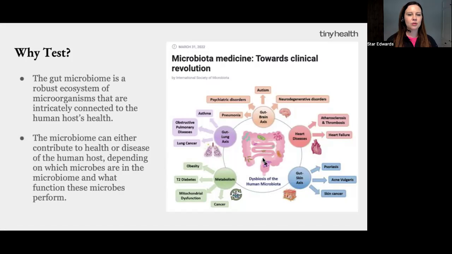It's a big player in mood regulation, such as anxiety and depression. It can contribute to skin issues like psoriasis and eczema, as well as metabolic health. And we see the gut play a role in conditions like type 2 diabetes and obesity, as well as lung issues like asthma.